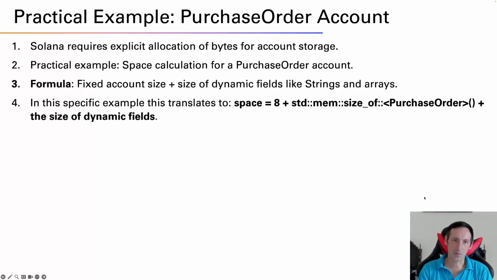So I have a formula that I used, and I actually put that formula there. So space equals 8. We'll talk a lot more about this account metadata, or account discriminator, whatever you want to call it, in a lot more depth when I start talking about the client-side code, the DApp client-side code, the Flutter code in my case.